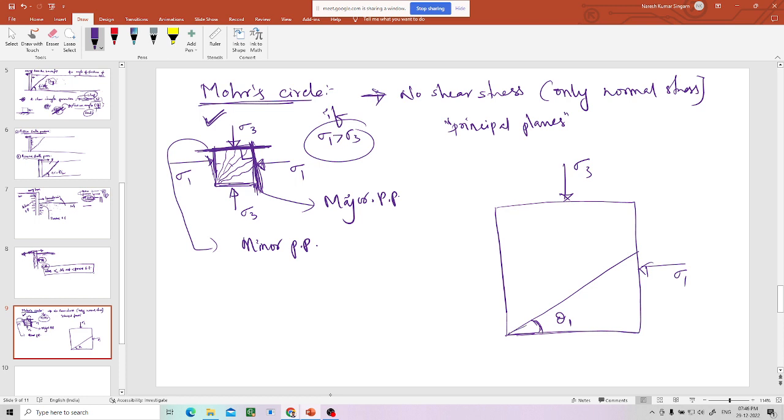On this plane there will be some normal stress, sigma theta 1, and some shear stress, tau theta 1. If you take another plane at theta 2, there will be a normal stress sigma theta 2 and a shear stress tau theta 2.